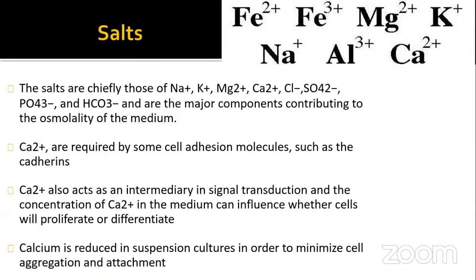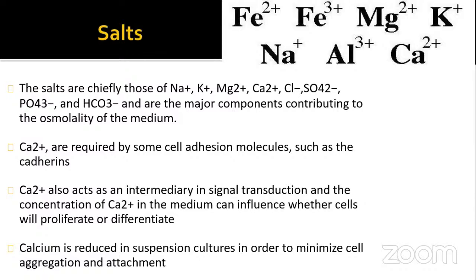All these we have to use to maintain the osmolality. Calcium is mainly important for the adhesion of the cells, for attachment, because cadherins are involved in attachment. They require calcium. It also acts as an intermediary in signal transduction.